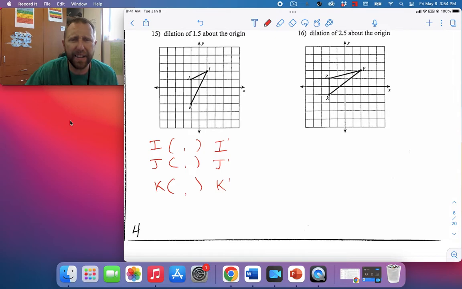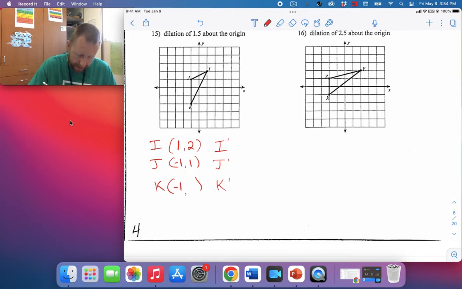For I, it looks like I'm over 1 up 2, so it's 1 comma 2. For J, it's -1 and then up 1. And for K, it's -1 and then down 2.